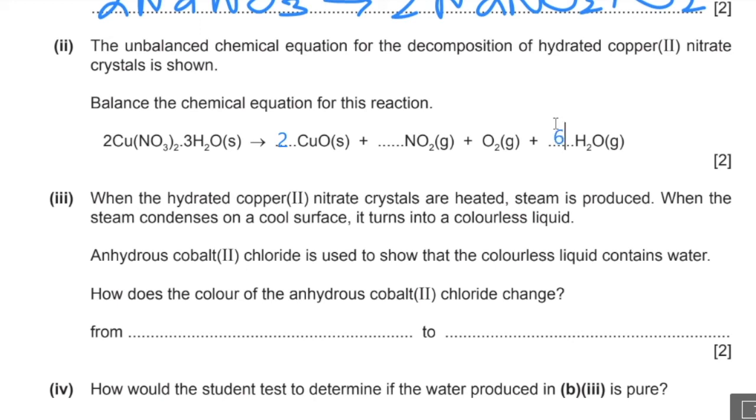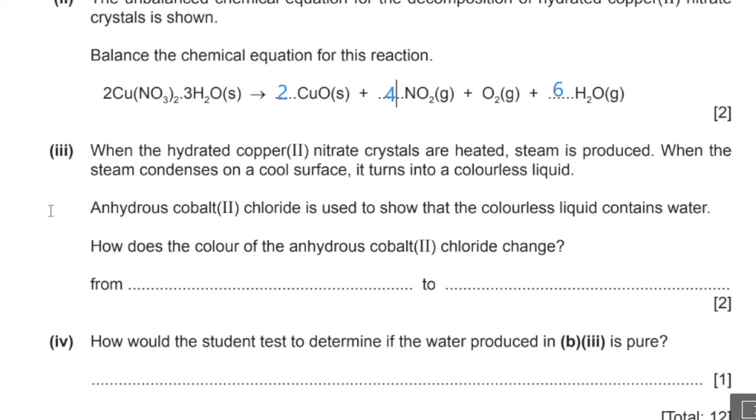Alright, 6 over here, so we have 12 hydrogen atoms, and then the remaining are nitrogen atoms. Similarly, nitrogen atoms have 2 twos are 4, which means you write a 4 over here, and there you have your balanced equation.